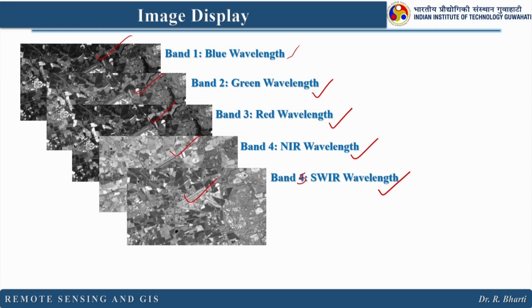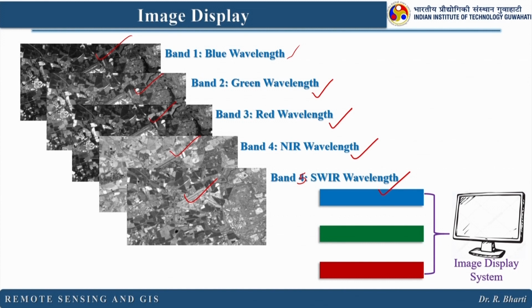But suppose you would like to see these images in color composite, so how do you generate these color composites? You have to understand the basic fundamentals of this. First of all, for any kind of display, you have three primary colors, right? Blue, green and red. And all the colors which you are seeing are combinations of these three, right?